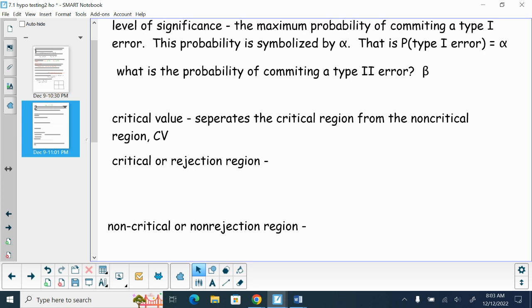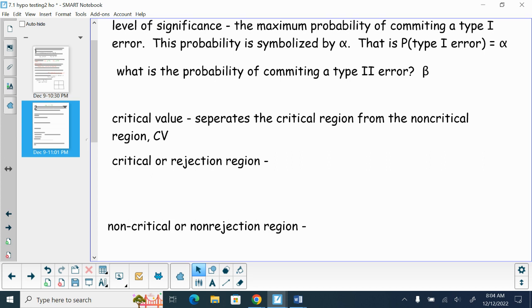You'll be using your t-table, because along the top, it will be prescribed for you. Your alpha values will be given to you.